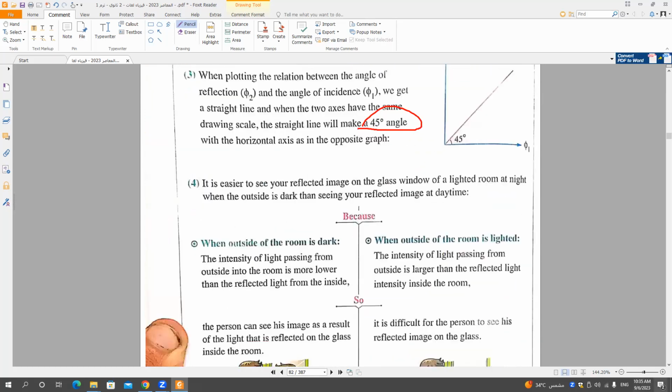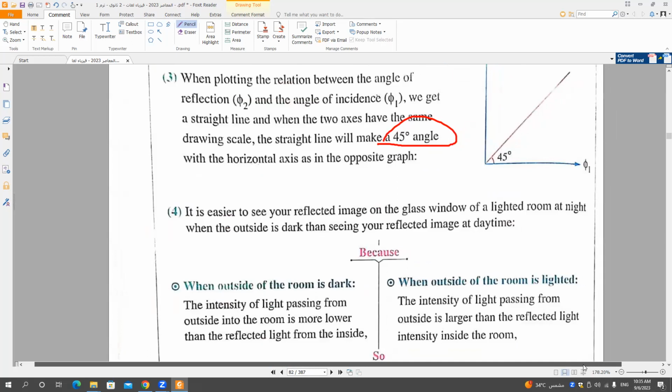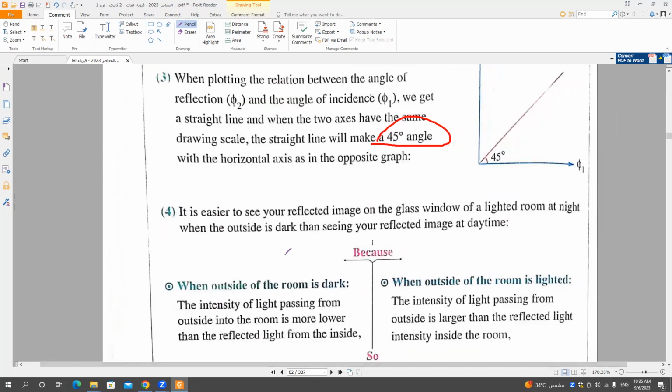We have a special case here. It is easier to see your reflected image on the glass window of a lighted room at night, but it is difficult to see your image in the daytime. Why?